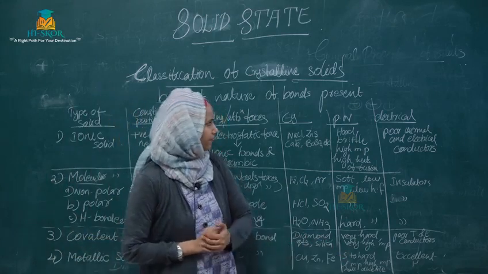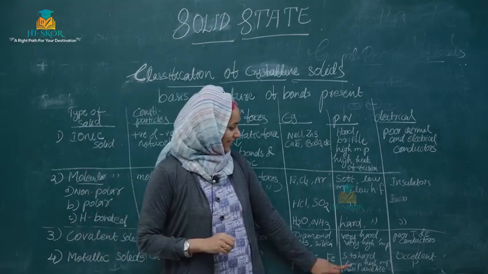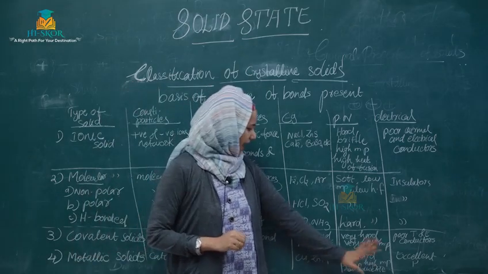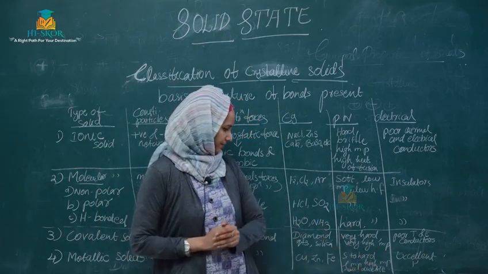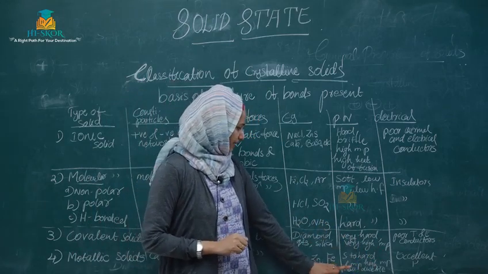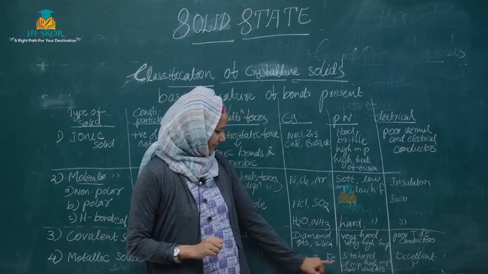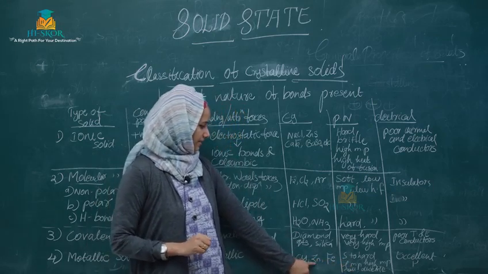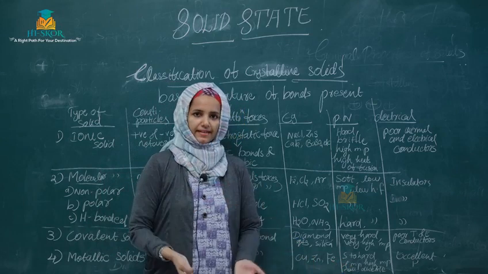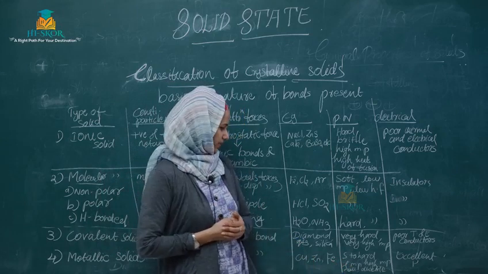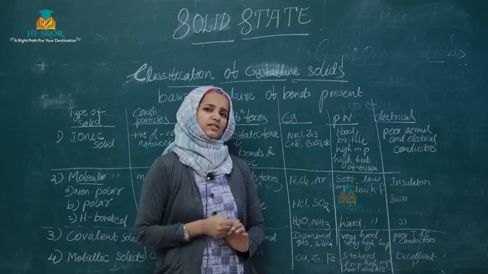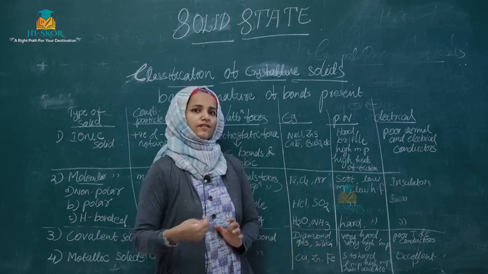And what about their physical nature? They have low to high melting point, and they are soft to hard in nature. Copper, zinc, iron are all metals, that is why we call them metallic solids. You know the properties of metals, which you also studied in your lower classes.